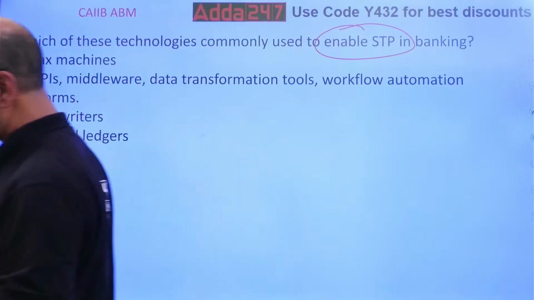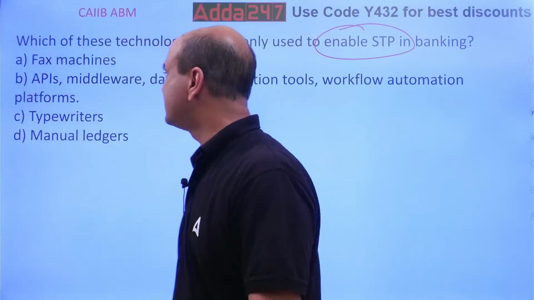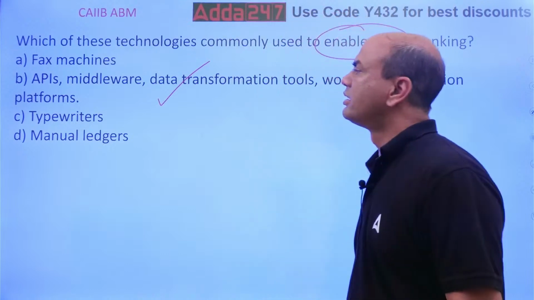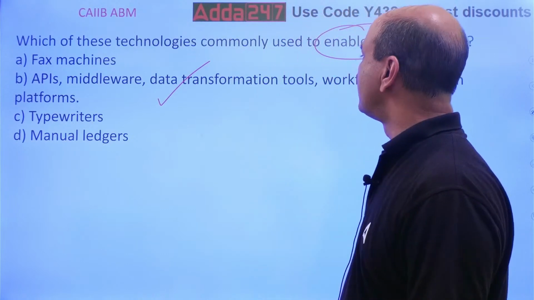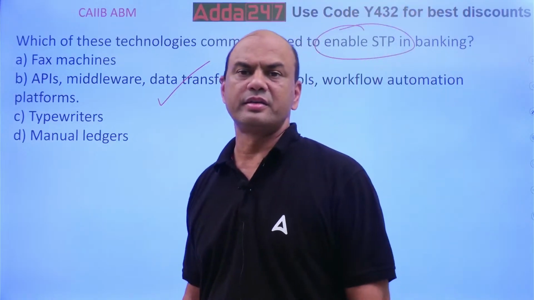Who will do the automation or STP in banking? Quite simple, right? The automation will be done by these, isn't it? API, middleware, data transformation tools, workflow automation, right?